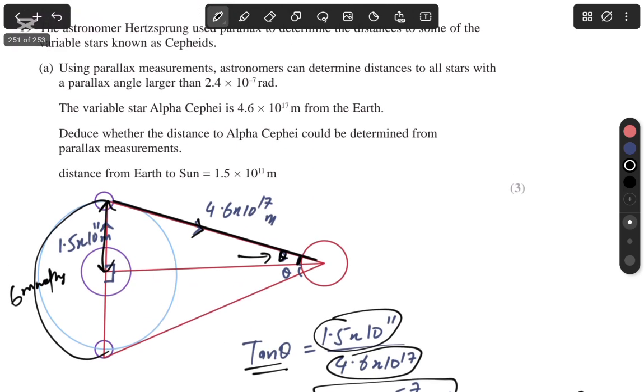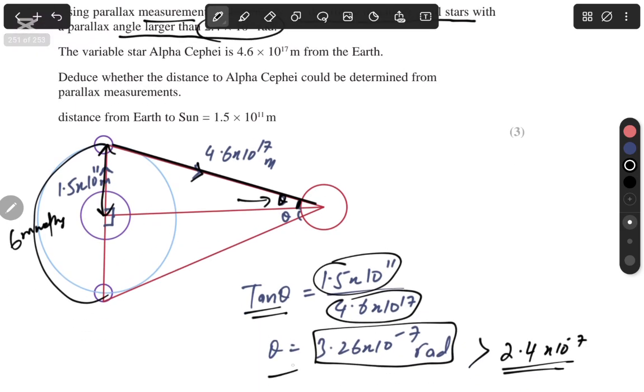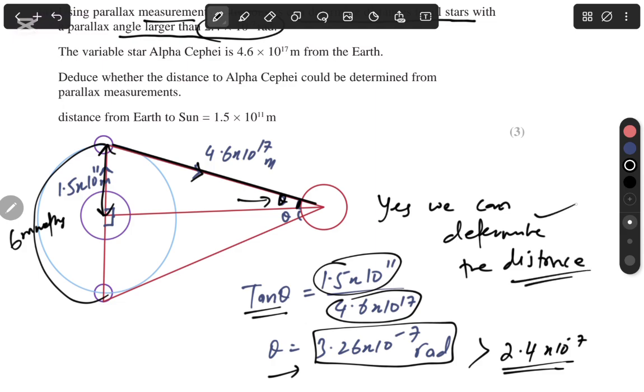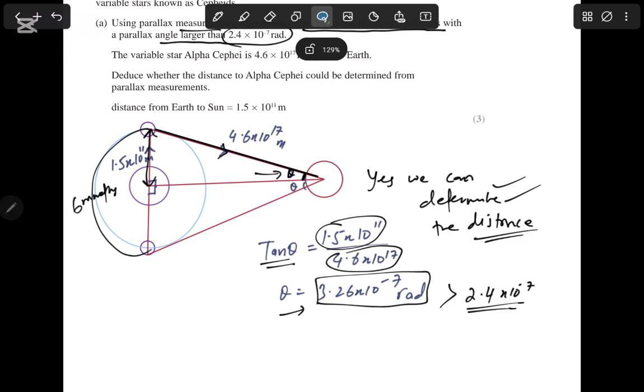The question says that using parallax measurements, astronomers can determine distances to all the stars that have a parallax angle larger than this much. And we can see that this angle is larger. So yes, we can determine the distance. So here's a complete summary of the answer. It's basically basic trigonometry, so you can pretty easily solve this.